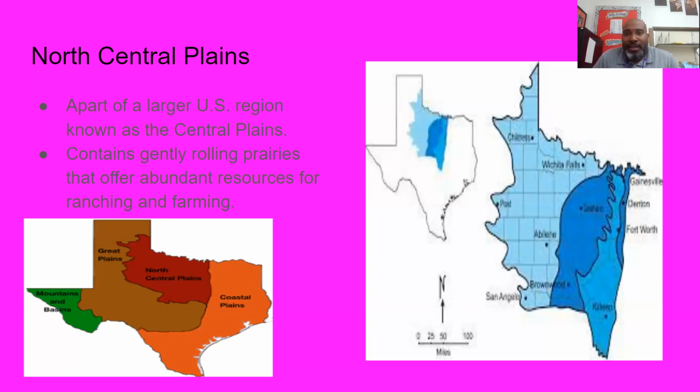So the next thing that we have is the North Central Plains. The North Central Plains are a part of a larger U.S. region known as the Central Plains. It contains gently rolling prairies that offer abundant resources for ranching and farming. So some of the major places, you have San Angelo, Fort Worth.